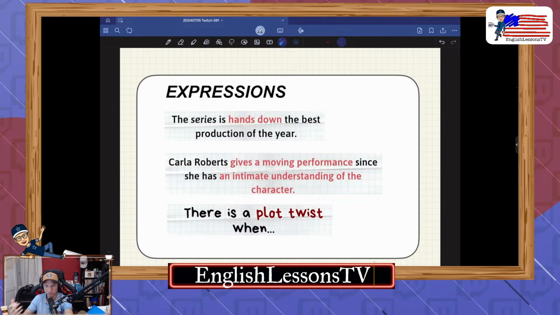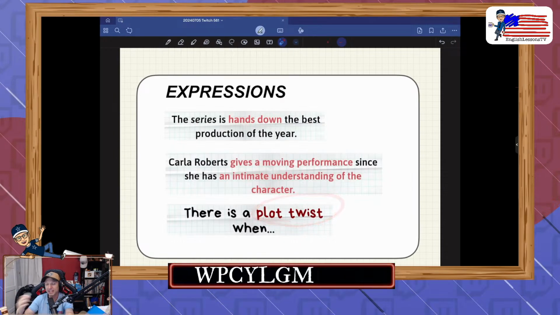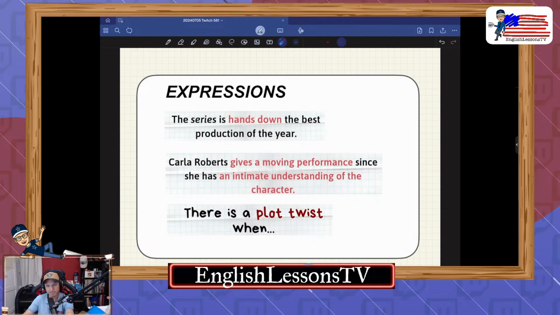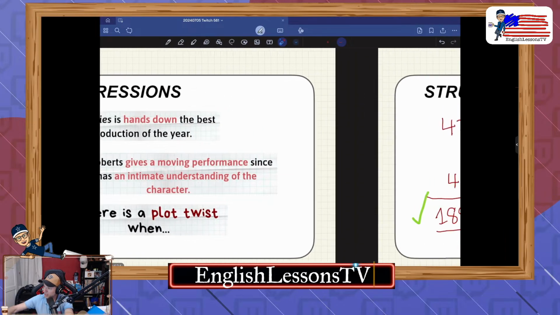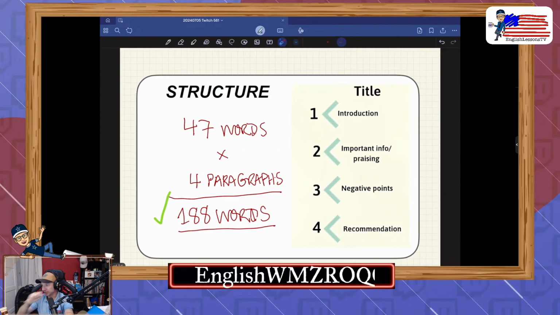Okay, that the actor or actress is representing. There's a plot twist. A plot twist is an unexpected turn of events. Okay, you could use these expressions to enrich what your opinion is about the movie, series, or book. As I said, let's go to the structure.